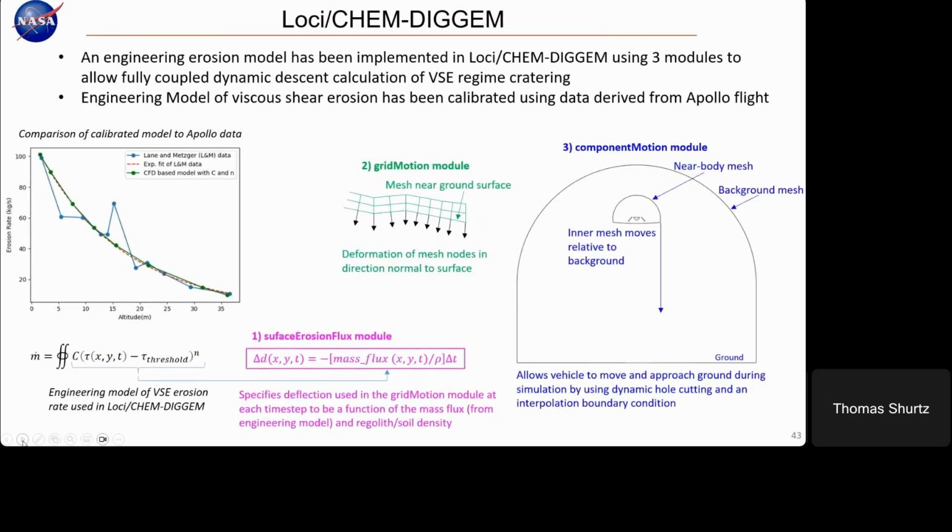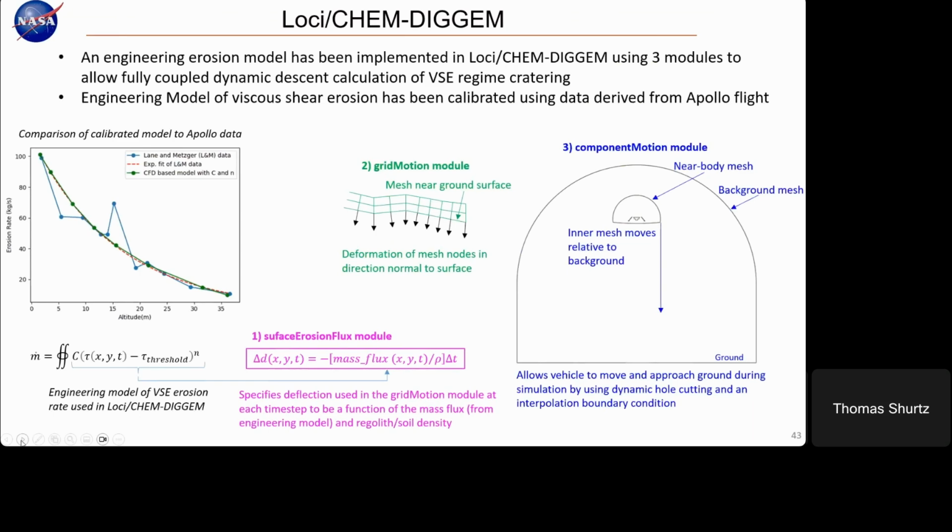We've directly integrated this DIGM approach with LOSI-Chem to enable dynamic landing simulations. On the left is shown a particular erosion model that is applicable to the viscous shear erosion regime.